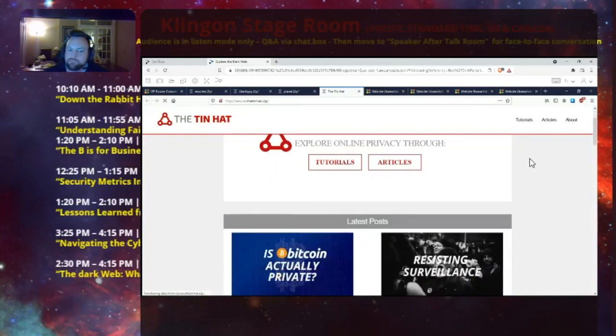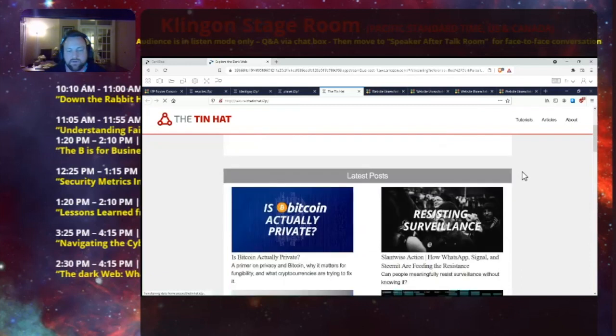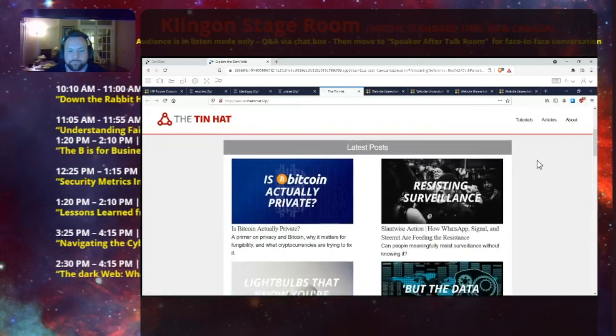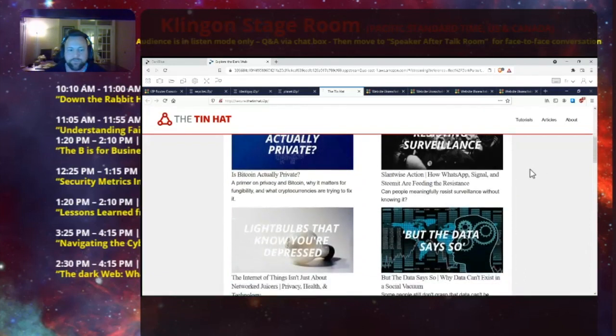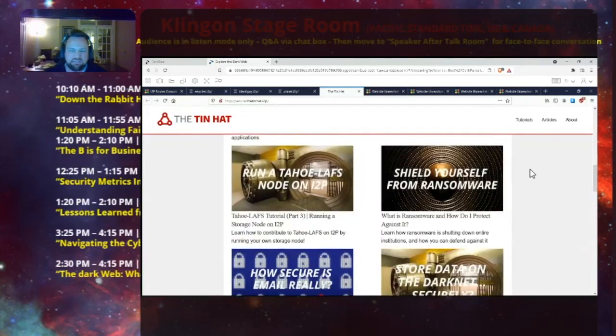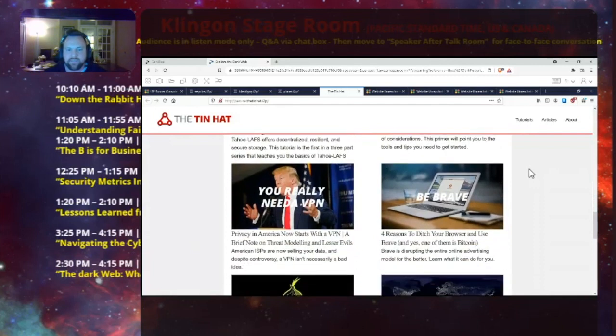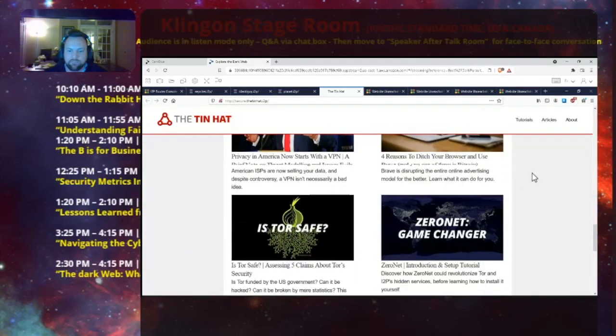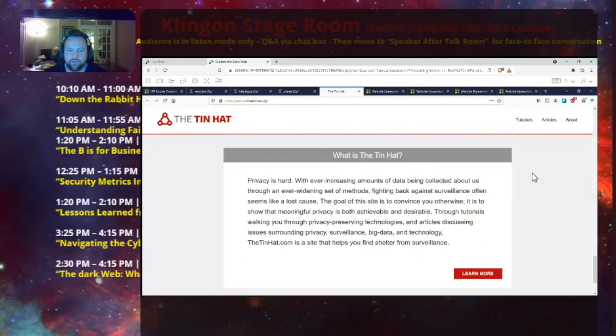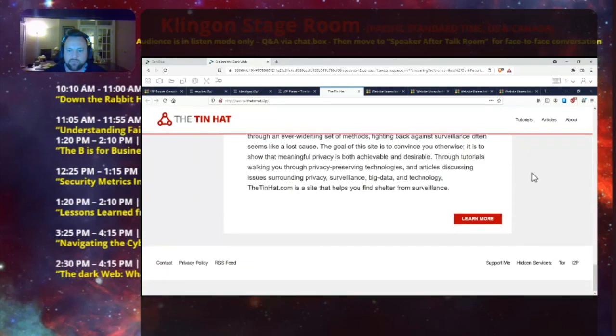This site's probably been around for a very long time within I2P. But this is what I2P looks like. So again, similar-ish to Tor, but the websites tend to be not as up to date, more out of date than Tor. But you can see that they're actually running a hidden service on Tor. It's a V2 though.